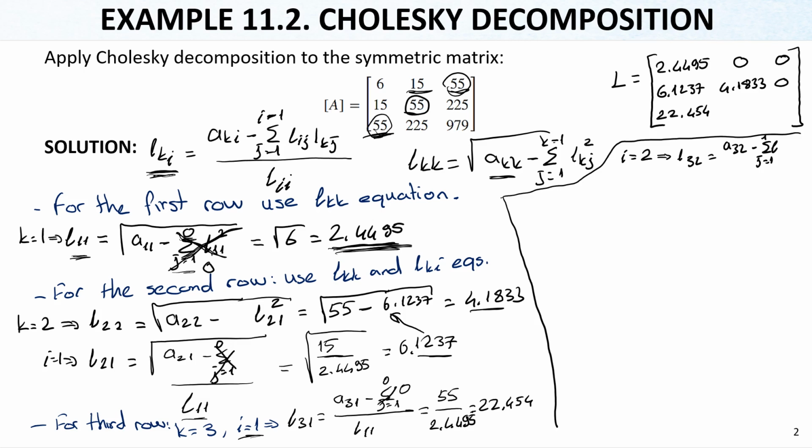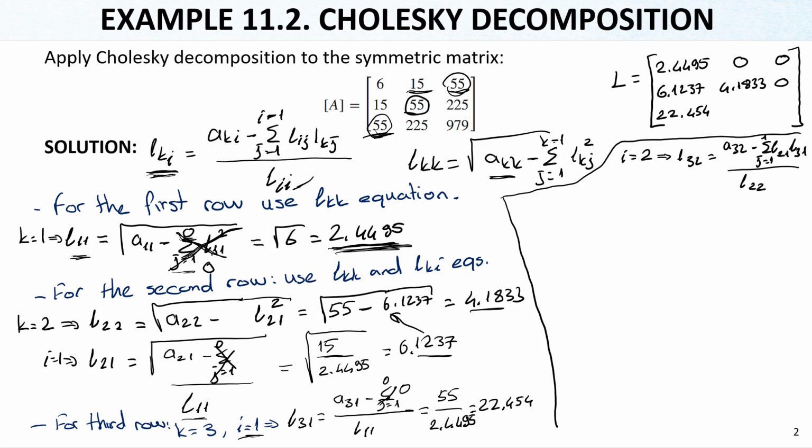Ij means actually i was 2 and j is 1, L21, and also Lkj. Lkj is L, k is 3, j is 1. So this value divided by Lii here, and that's i was 2, so L22.